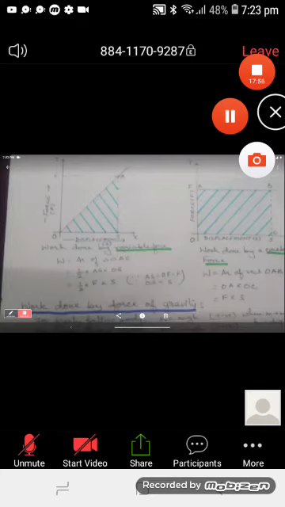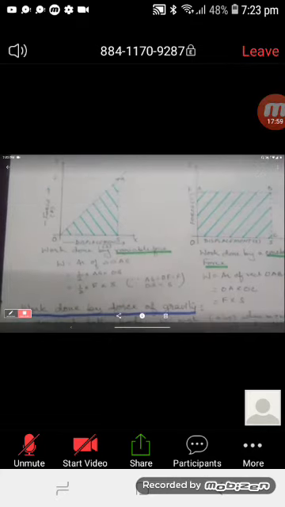The area can be found as OA into OS, or OC. OA represents the force F, and OC represents the displacement S. So we again get the product of force and displacement.